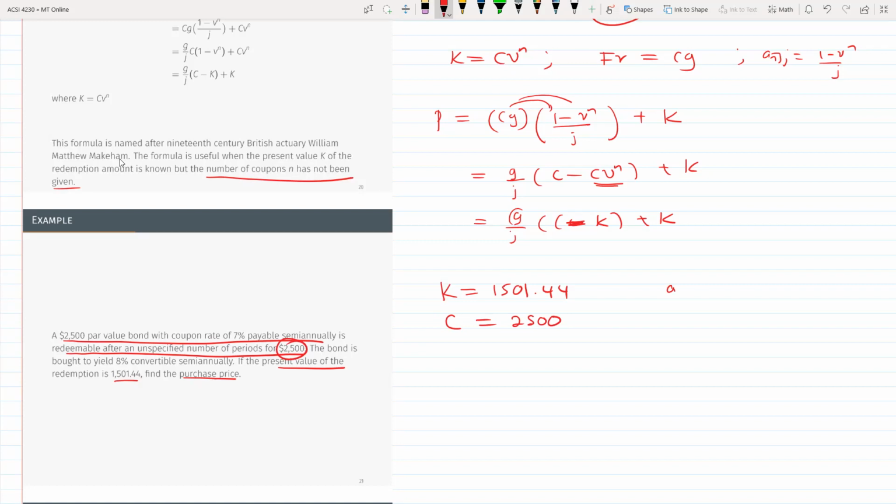2500. What's the G? G is basically FR over C. What is F? F is 2500. 7% payable semi-annually. So 7% divided by 2. That's the FR. Then the C is again 2500. So basically G equals R, so basically 7% divided by 2, which is 3.5%.